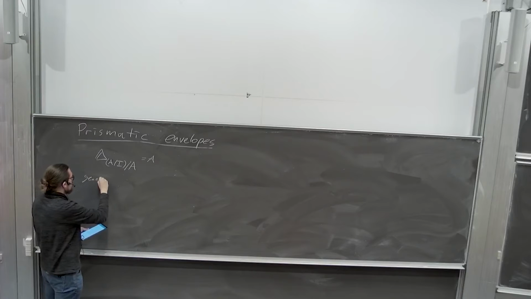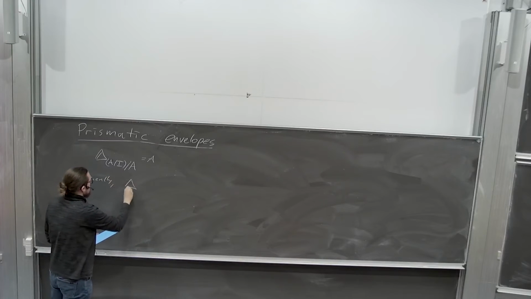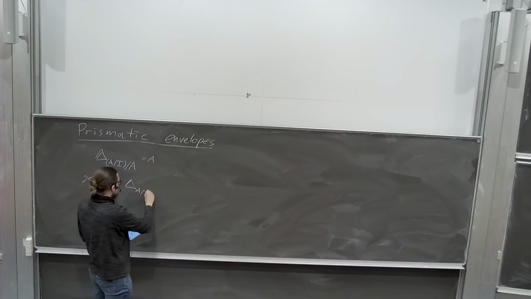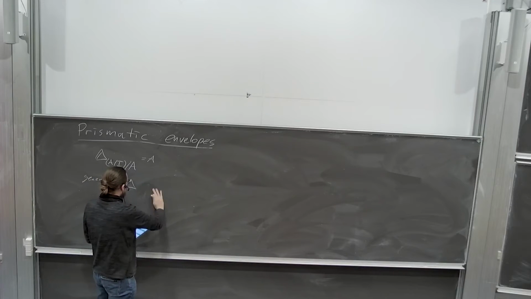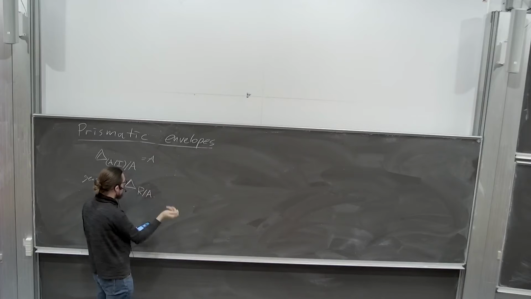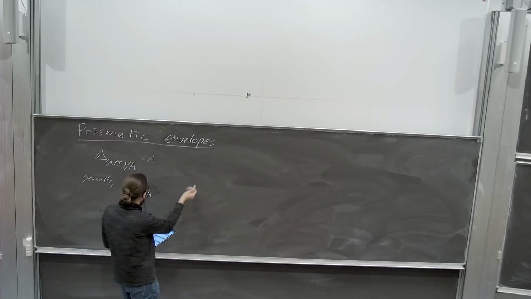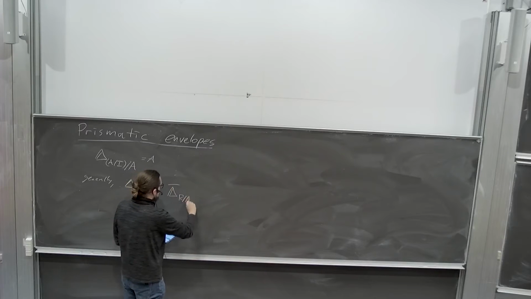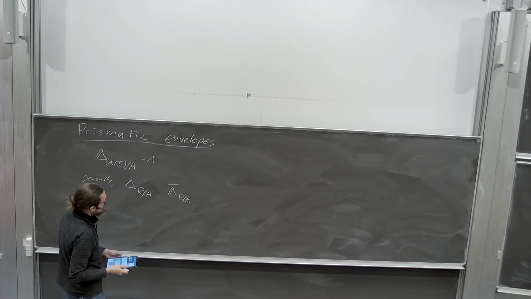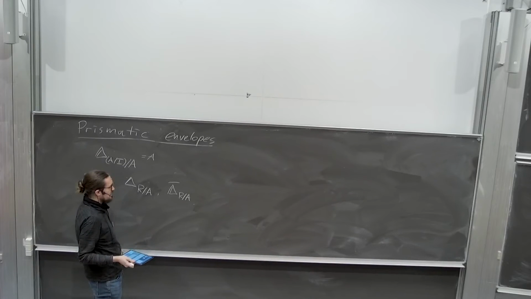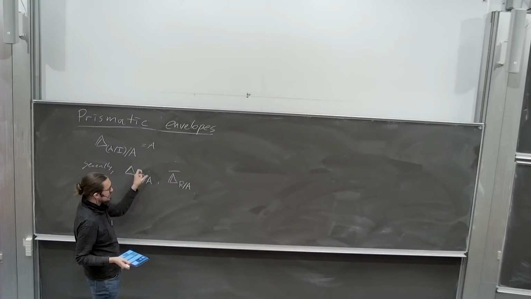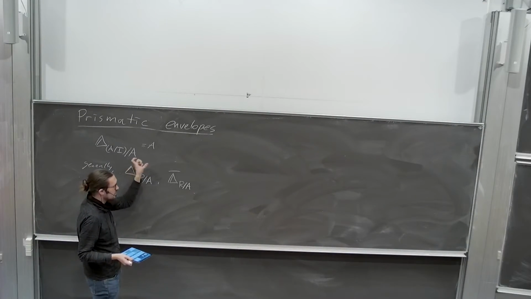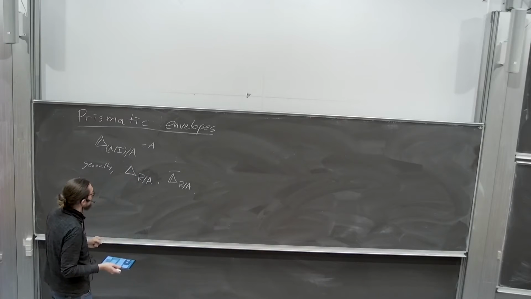Generally, this is the prismatic cohomology of some A mod I algebra R, and also this reduced version. Remember, that was the global sections of the sheaf that assigned the value B mod J to every object in the prismatic site.